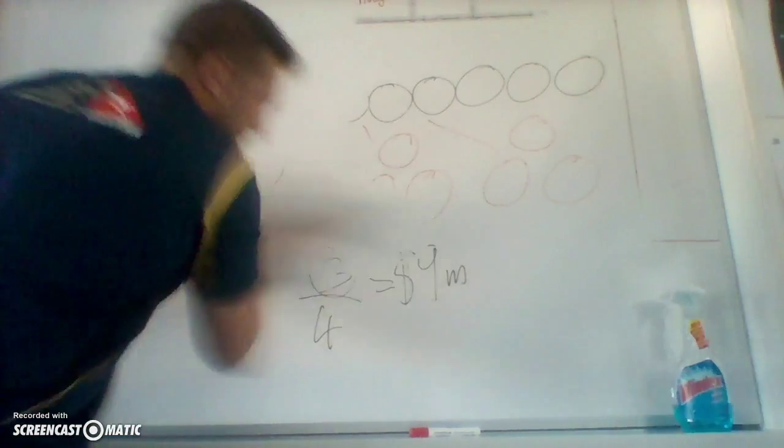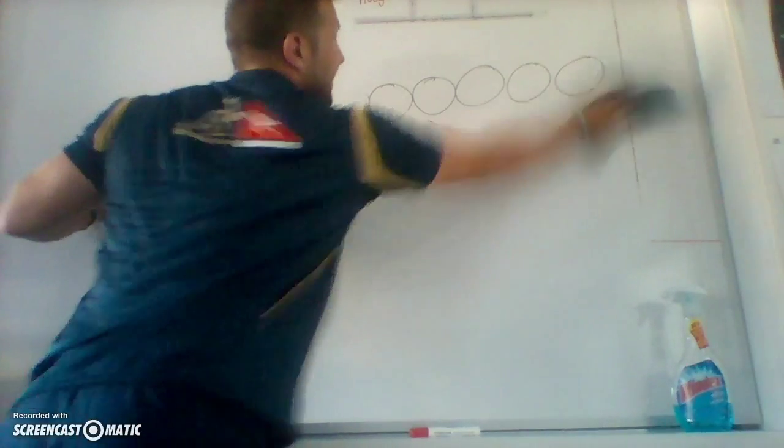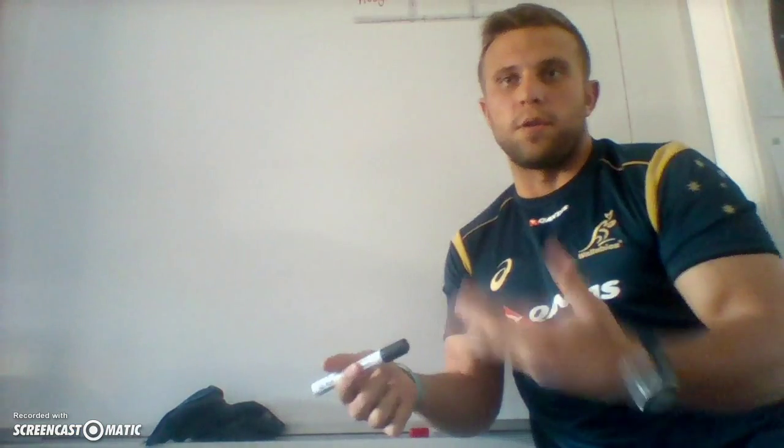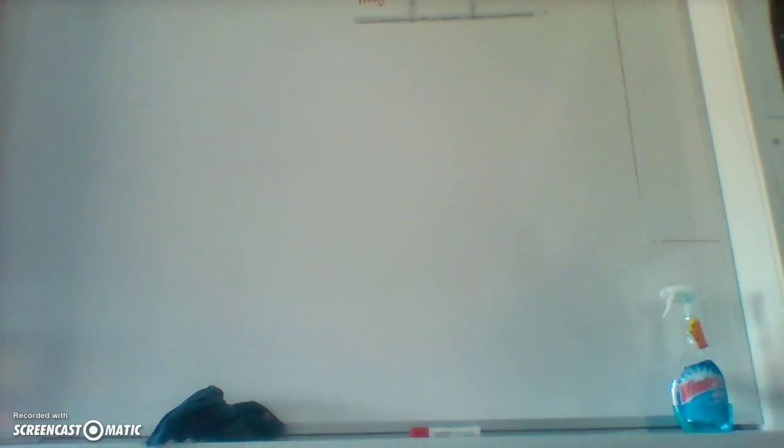Let's have a look using mental strategies and an algorithm. A good mental strategy would be to try and find an algorithm, or a way of writing it down, that I can remember.